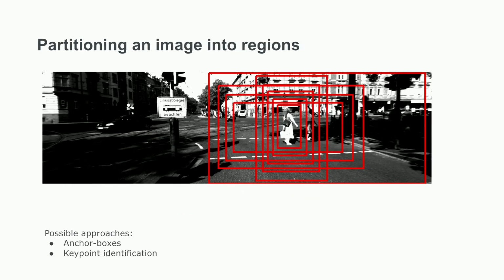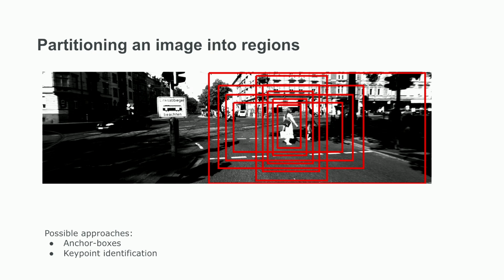So here we see the challenge of partitioning an image into boxes. Here we see a pedestrian crossing a street, and we see all the possible different bounding boxes and all the different aspect ratios that are able to capture where this person is.